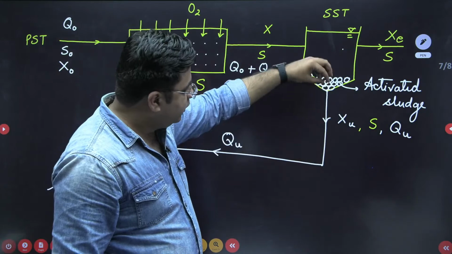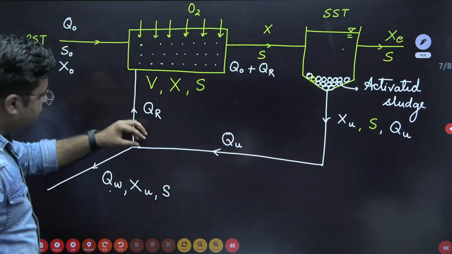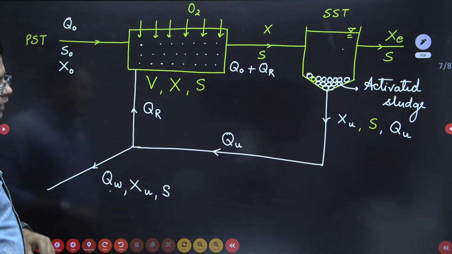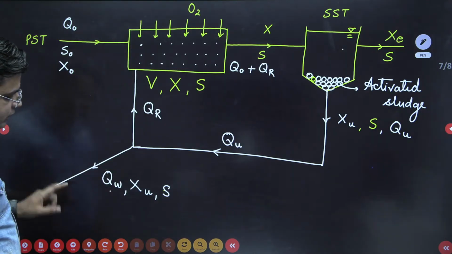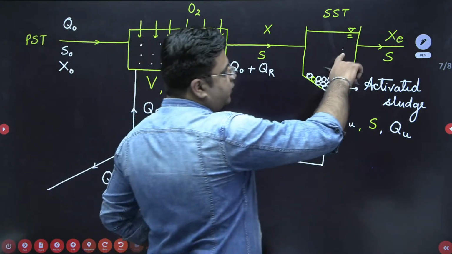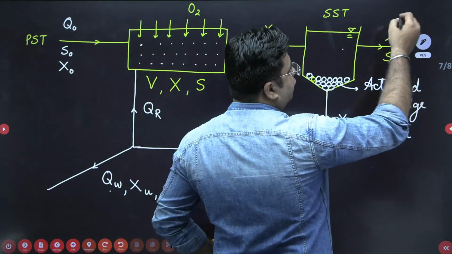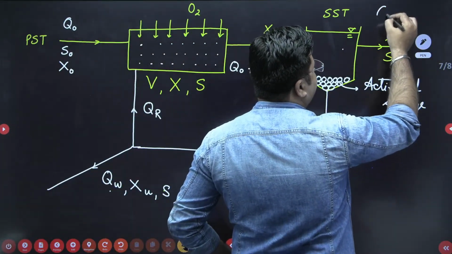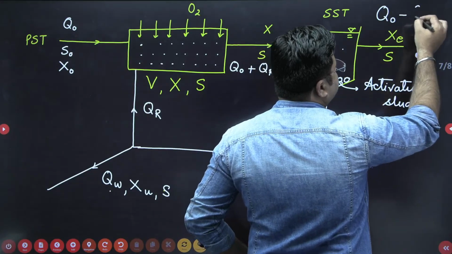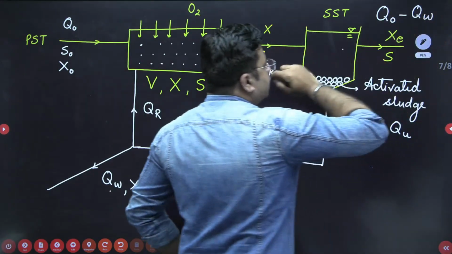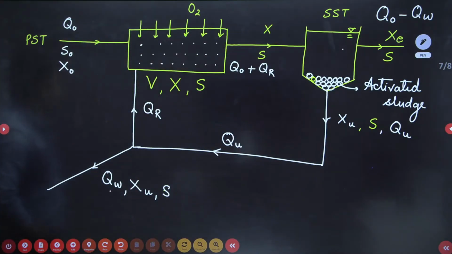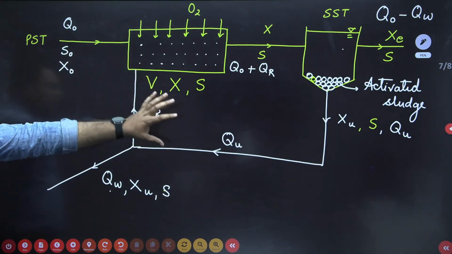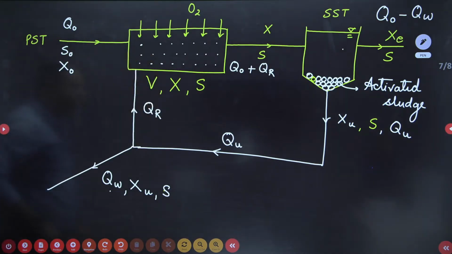From this QU amount of discharge, QR amount is recirculated back, and QW amount of discharge is taken to the sludge drying beds. So the amount of discharge coming out from the secondary sedimentation tank is Q0 minus QW. This is the total amount of discharge coming out from the secondary sedimentation tank. So this is your entire mechanism of the activated sludge process.